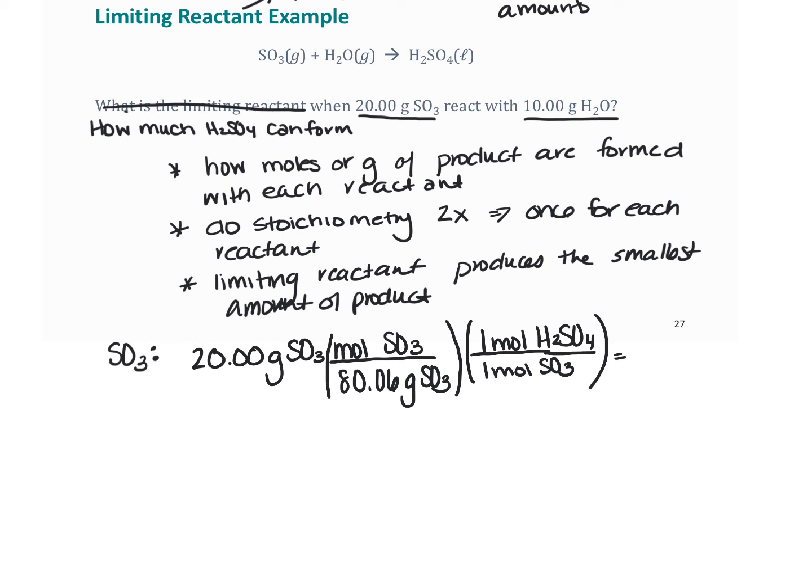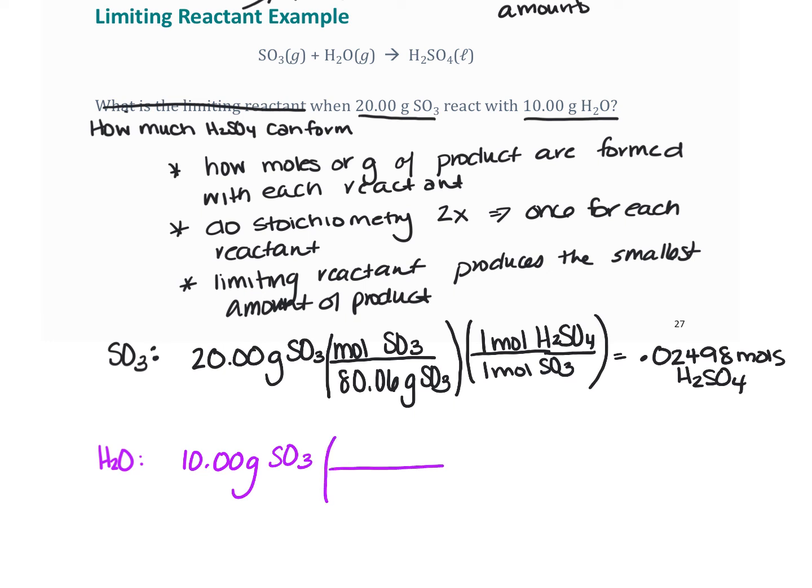And so when I look at this, I can now come in and say, all right, I'm going to pick up my calculator and I'm going to make 0.02498 moles of sulfuric acid with SO3. Now you need to do the exact same type of reaction with water. So now we're going to come here and we're going to look at water, and we're going to say, great, I have 10 grams of water, H2O.